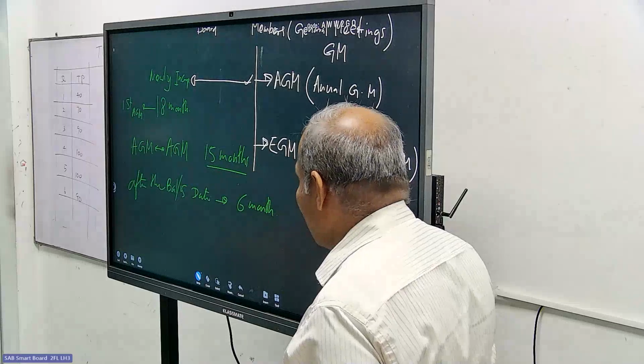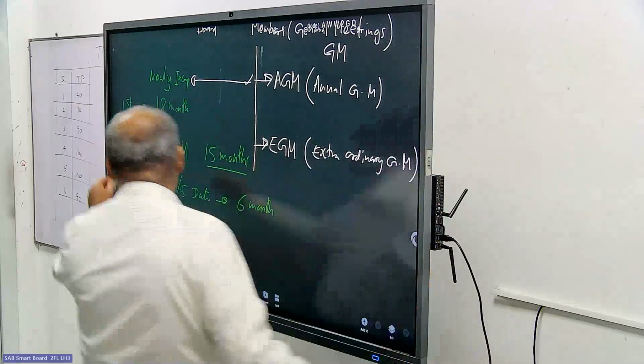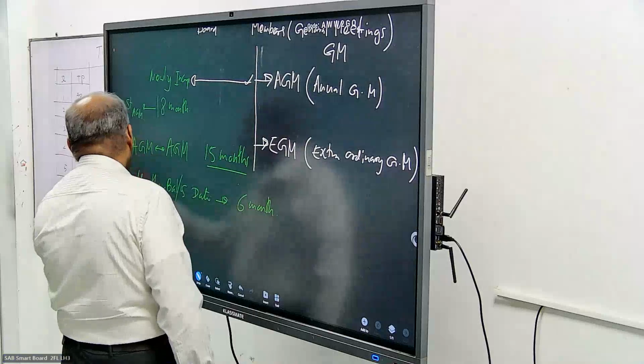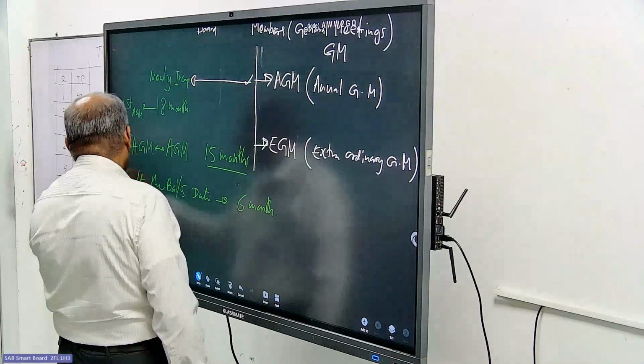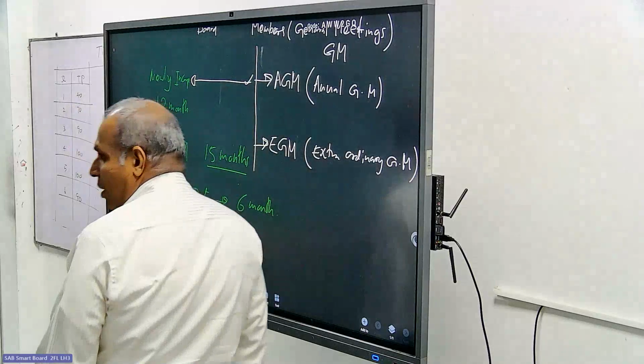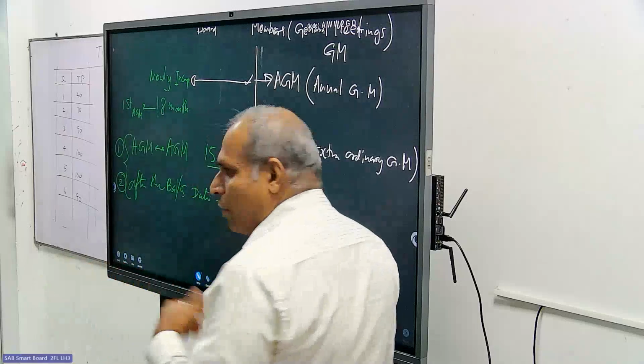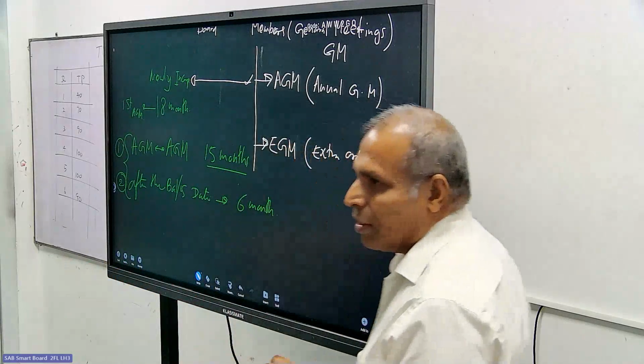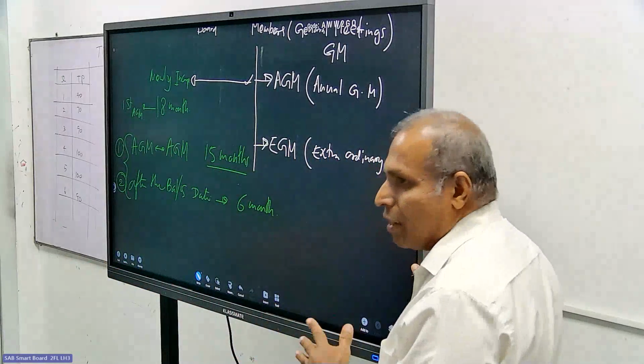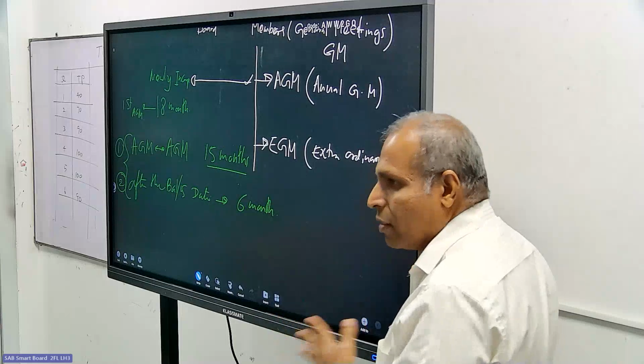Remember, there are two conditions. So AGM to AGM 15 months, and after the balance sheet date, but within 6 months.